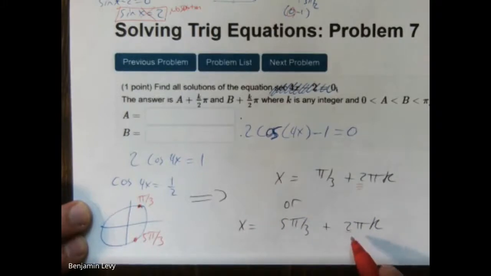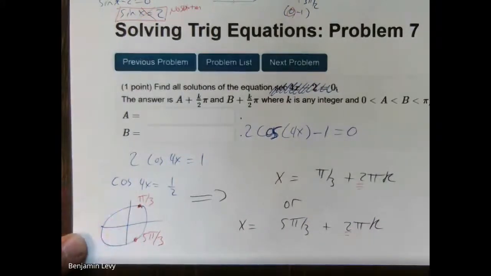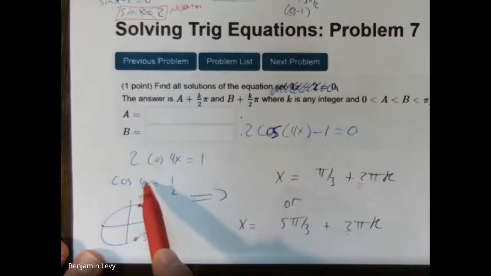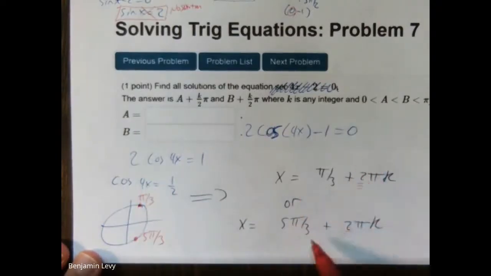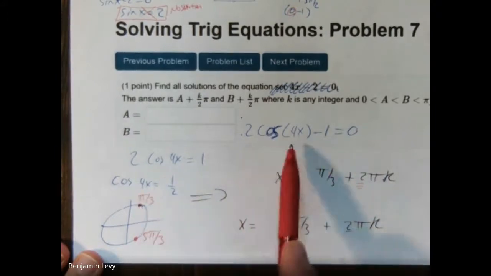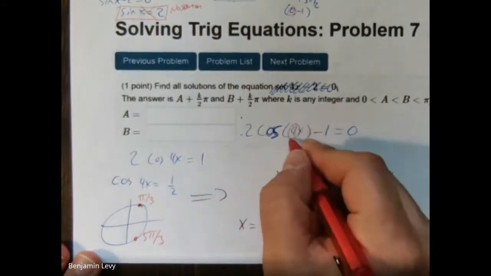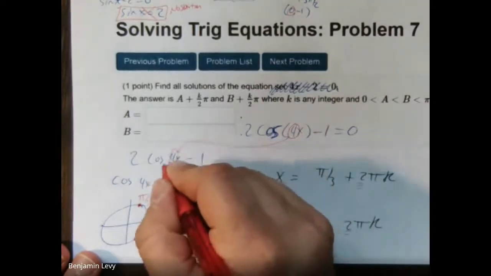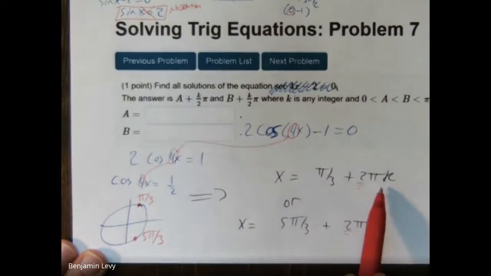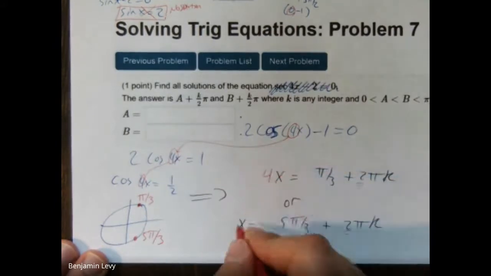Again, with the 2. Now, the added wrinkle in this one is this added 4, right? So this would be the answer if this was just an x inside the cosine. But it's not an x inside the cosine, it's a 4x. There's a 4 in there instead. And so we don't want x to equal that. We want 4x to equal that, right?